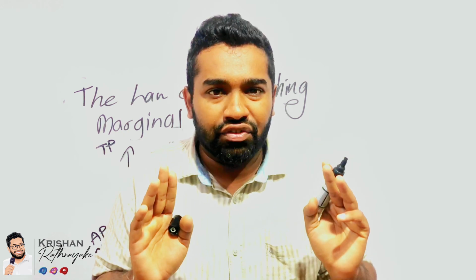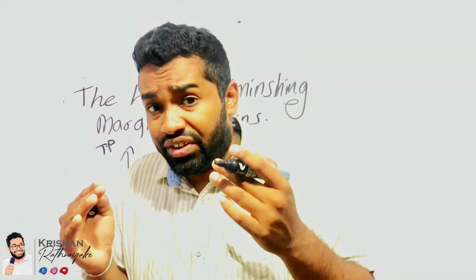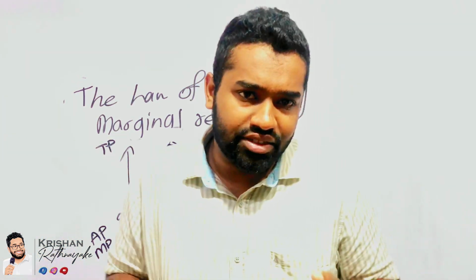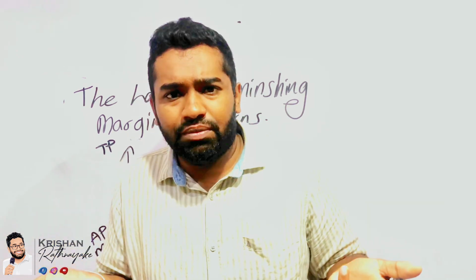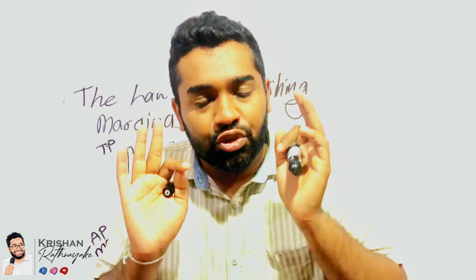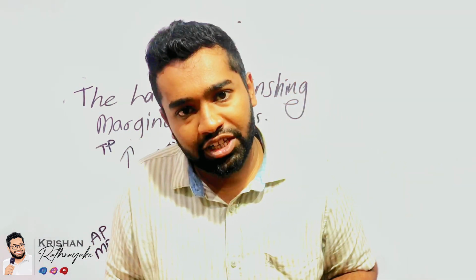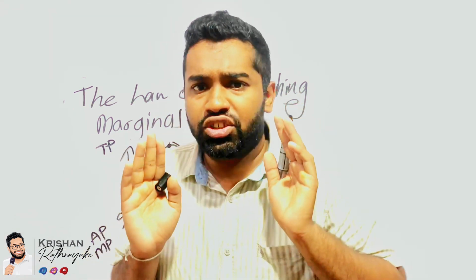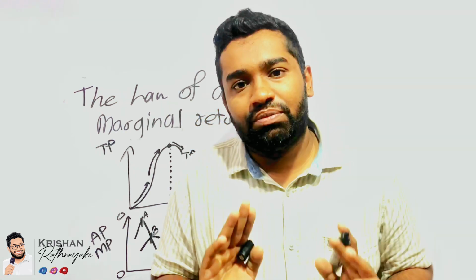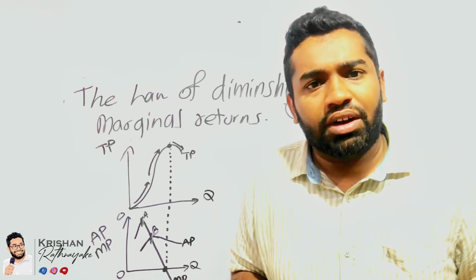Clearly we can identify the law of diminishing marginal returns as: after a certain point, AP and MP start to decrease. So the main thing you need to consider is that, through this graph, you should explain the law of diminishing marginal returns. So you need to draw this graph to explain the law of diminishing marginal returns. So this is about the law of diminishing marginal returns.